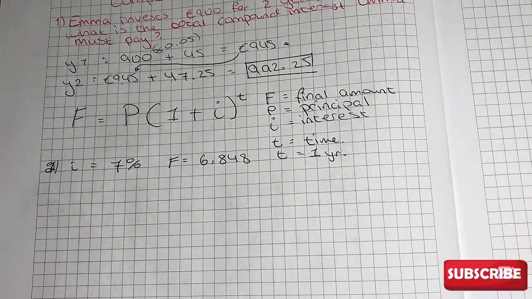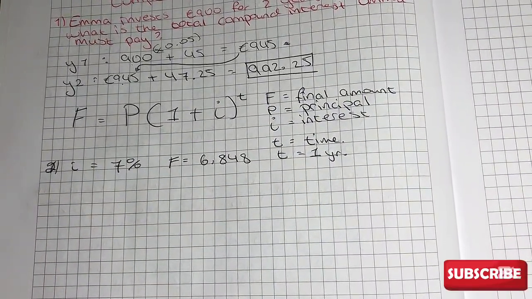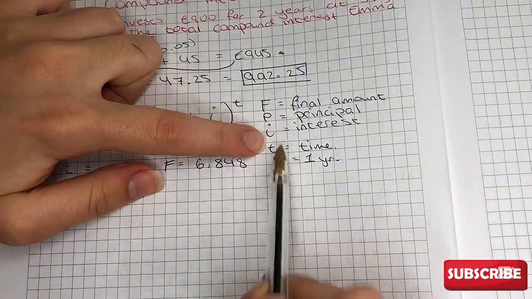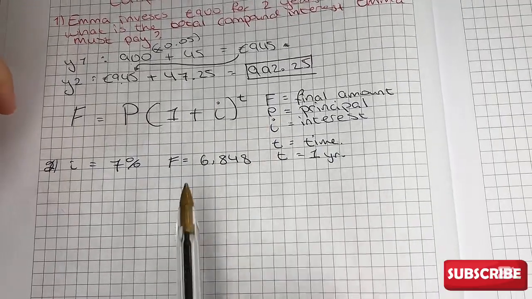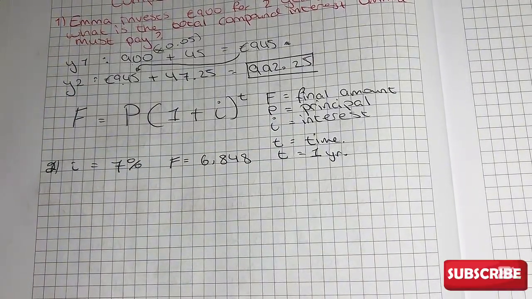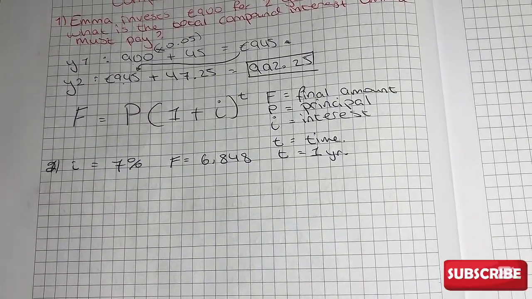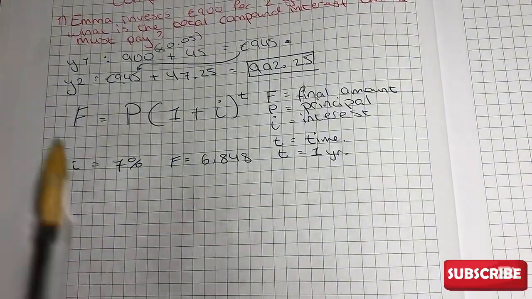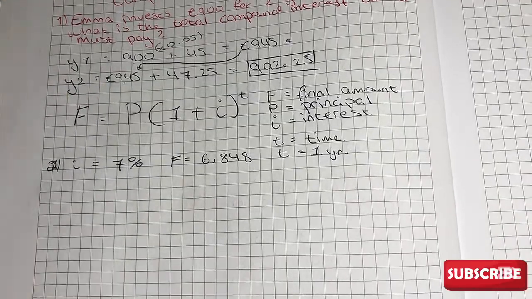So this is all we are told, and we are missing one of these: F, P, I, or T. What is missing? P. We're missing the principal. What did this person originally put in? So we have to try and figure that out using this formula.